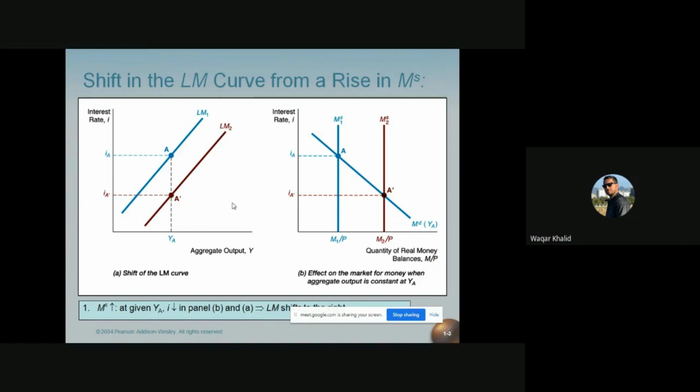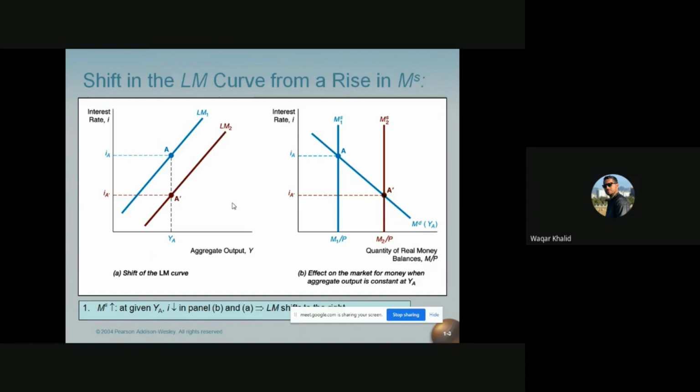The LM curve represents the equilibrium position where the interest rate and aggregate output are in equilibrium, and the demand for money is equal to the supply of money.